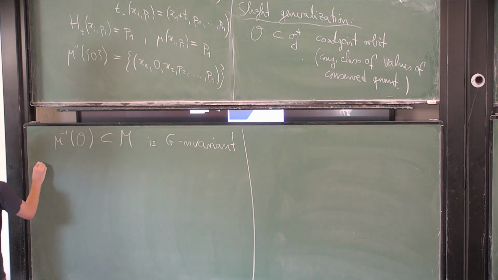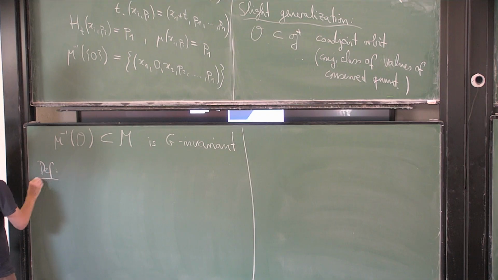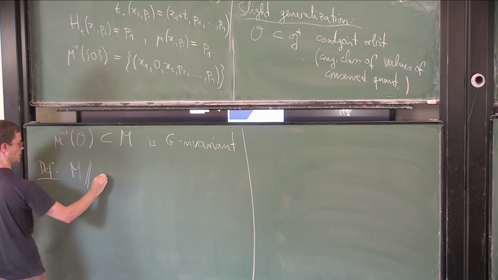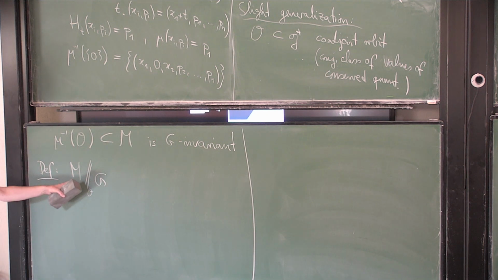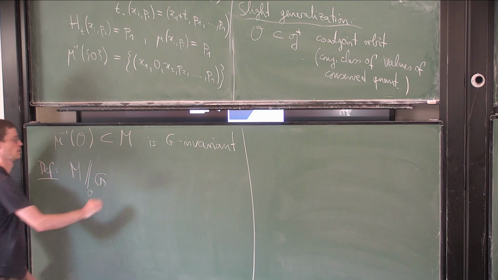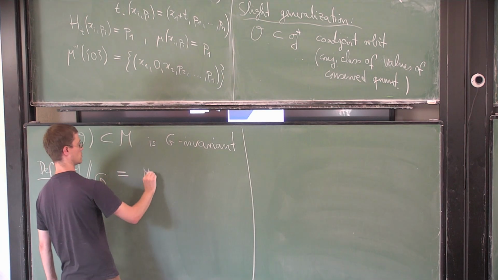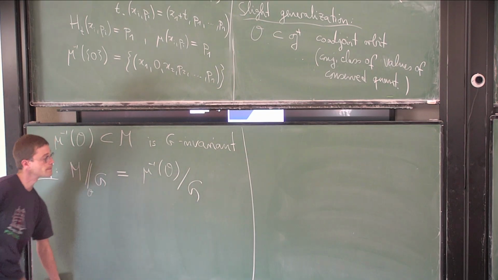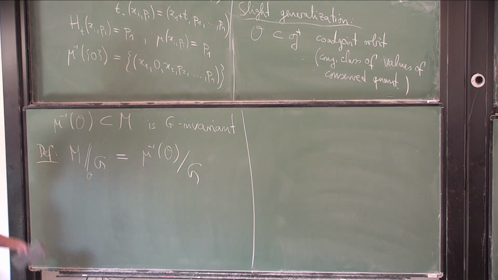And then the definition: we reduce M by G over this orbit, this quotient. And again, it is symplectic whenever it's a manifold.